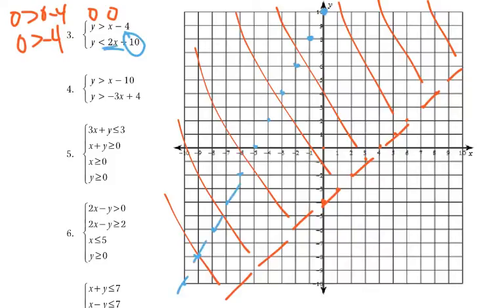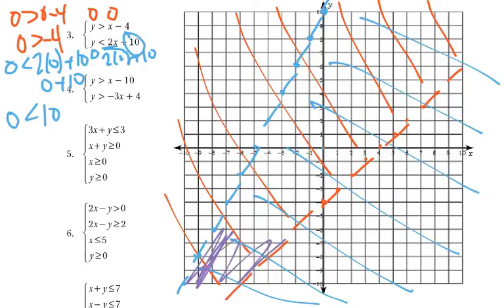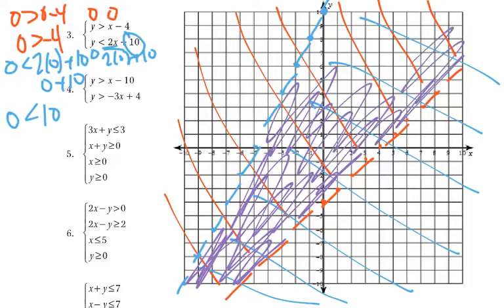So I draw a dashed line. Okay, pick my test point 0, 0. 0 for y, so is 0 less than 2 times 0 plus 10? Well, 2 times 0 is 0. 0 plus 10 would give me 10. Is 0 less than 10? It is, so I shade that way. Okay, so that zone that's going to be shaded by both is in between them, isn't it? So that's where our answer is. Okay.